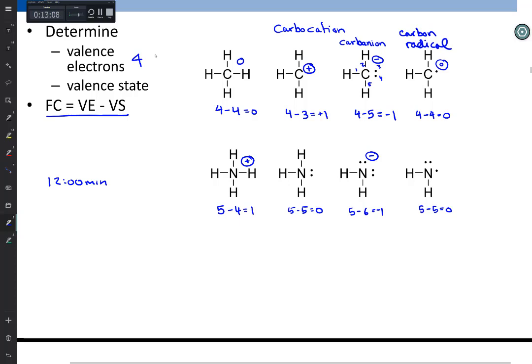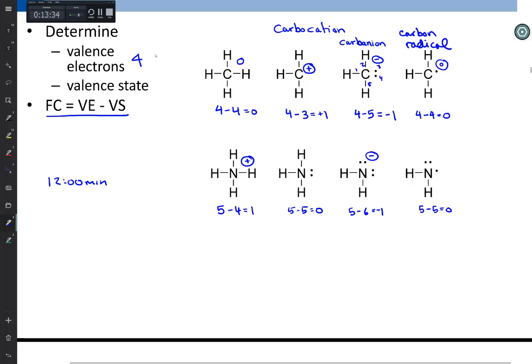I keep wanting to put 6 minus 5. It always starts with the valence electrons, right? That's what you always have to start with. The valence state is the number of unbonded electrons plus the number of bonds. It's a little bit different from the way they teach it in Gen Chem, but this is actually how I've started teaching it in Gen Chem now.